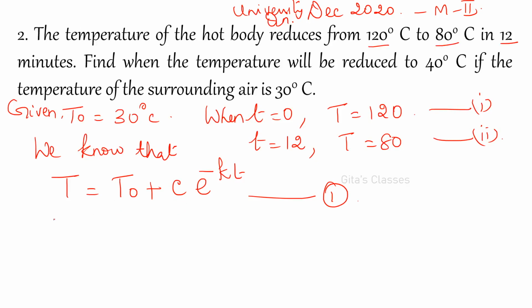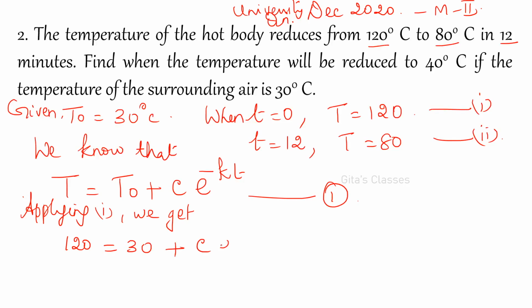So applying condition 1, we get capital T, 120, is equal to T naught, which is 30, plus C into e power minus k into 0. So this implies C is equal to 120 minus 30, which is 90. So C is equal to 90.